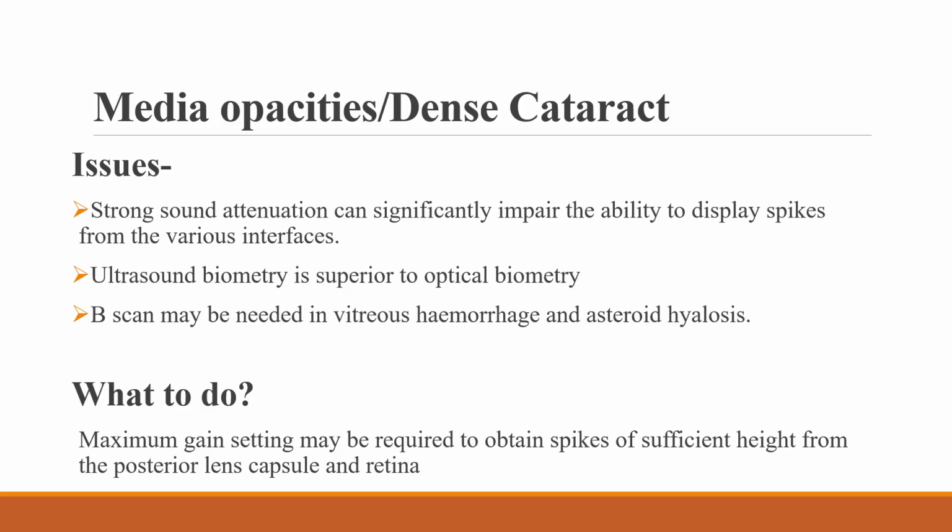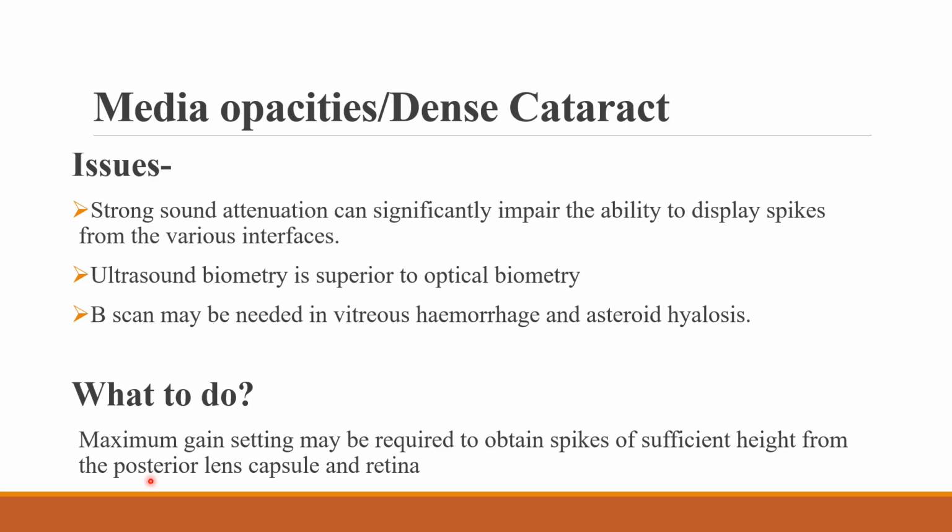In case of media opacities or dense cataract, the issue is that strong sound attenuation can significantly impair the ability to display spikes from the various interfaces. Ultrasound biometry is superior to optical biometry. B-scan may be needed in vitreous hemorrhages and asteroid hyalosis.